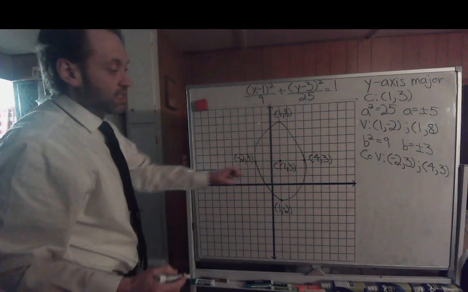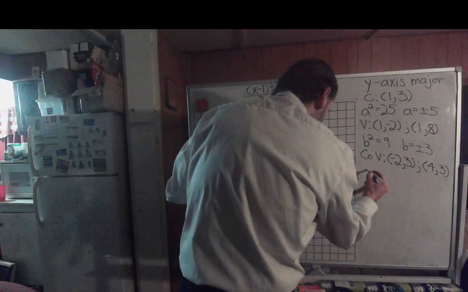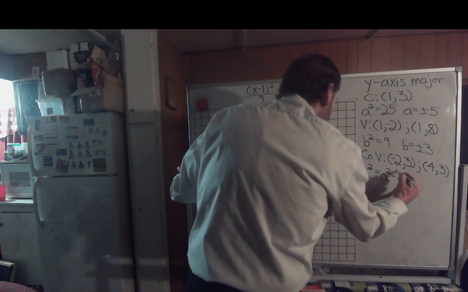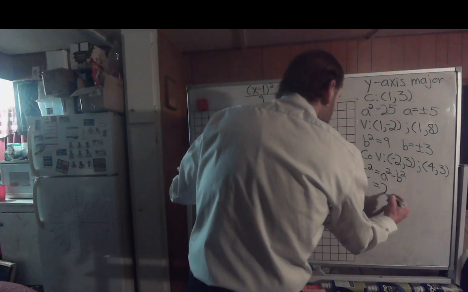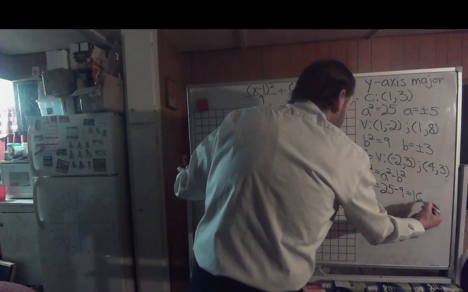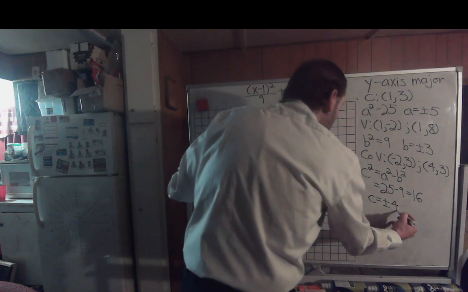So there's the ellipse itself, and then we need to find the foci. So still c squared equals a squared minus b squared, which in this case is going to be 25 minus 9, which would equal 16. So that means c equals both plus and minus 4.